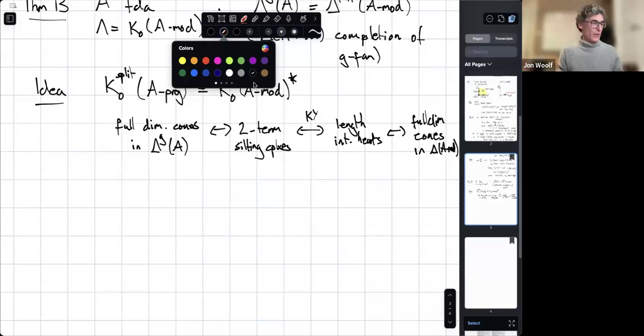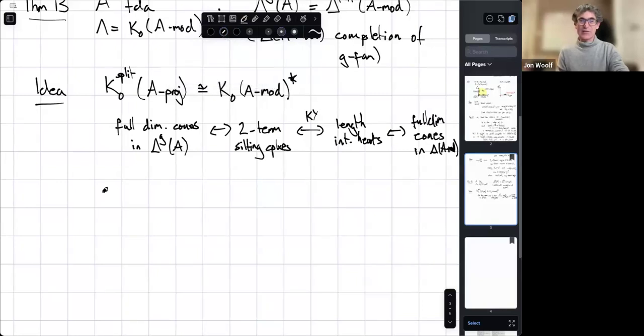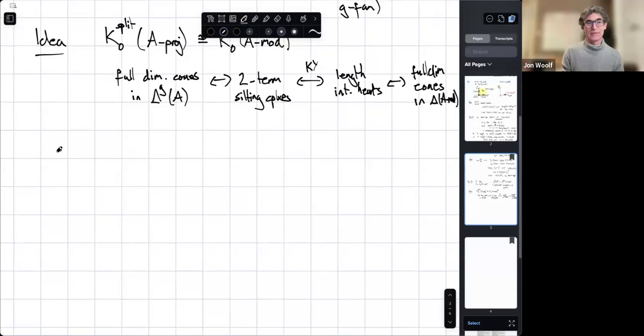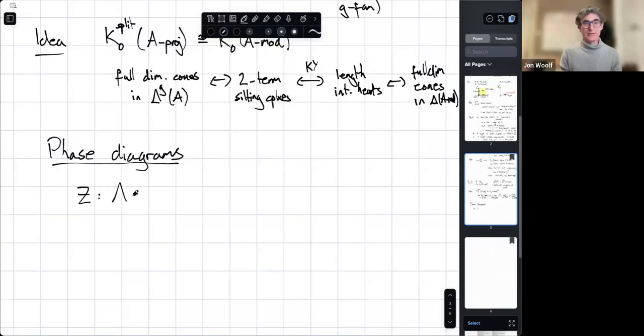Okay, so now I want to talk about phase diagrams and the sense in which this heart fan is a universal phase diagram. So this is somehow how it connects to Bridgeland stability. So suppose we take a stability function.